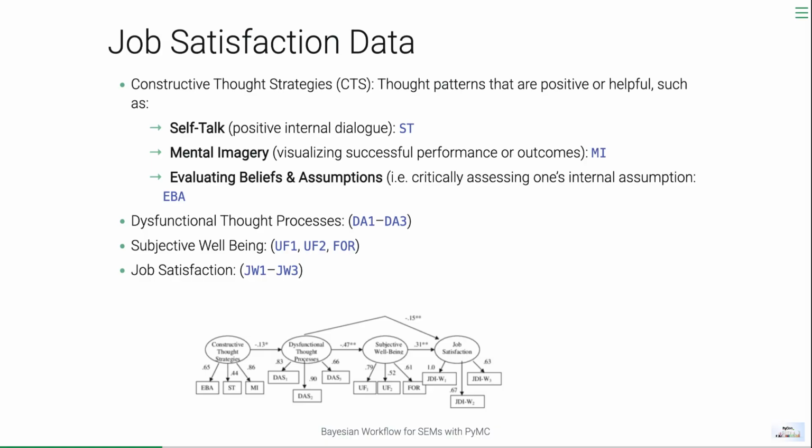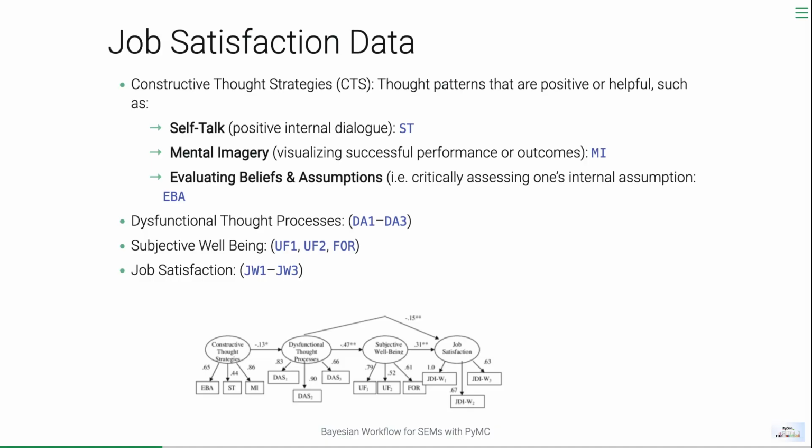The data we're going to look at for this case study is a job satisfaction data set. It has 12 indicator variables. These are survey responses scored, I think, between 0 and 5. And they're trying to gauge four distinct practices or views of the respondent. The respondents in these surveys are scored on their self-talk, their propensity for mental imagery, and their propensity for evaluating beliefs and assumptions.